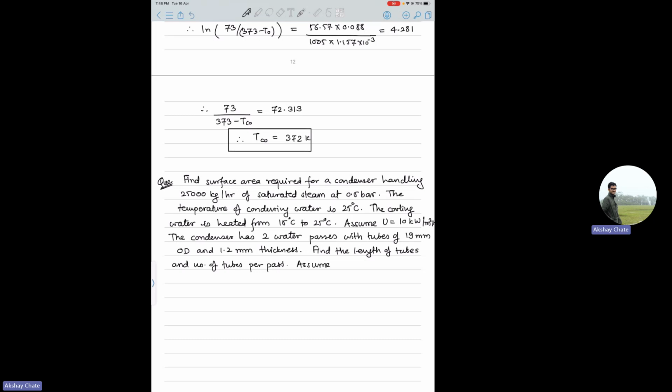Assume velocity of water as 1 meter per second. Correction factor is given as 0.86.